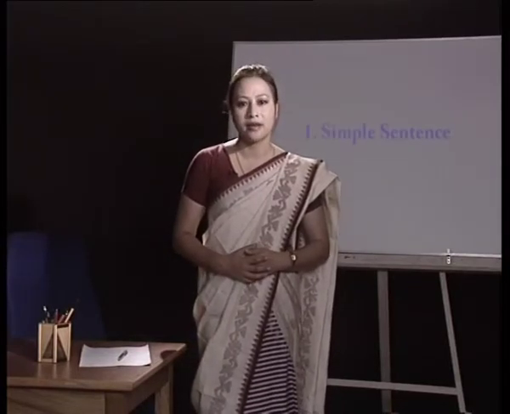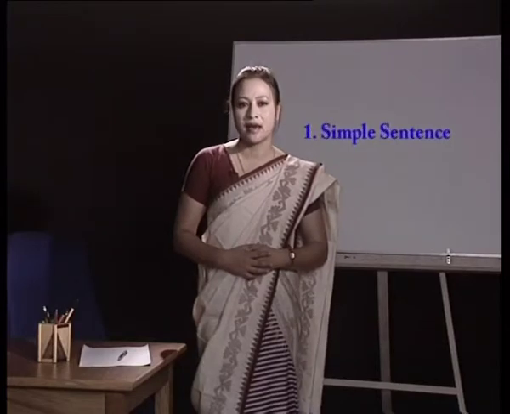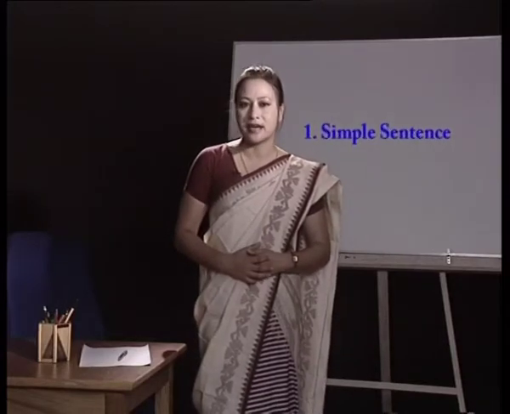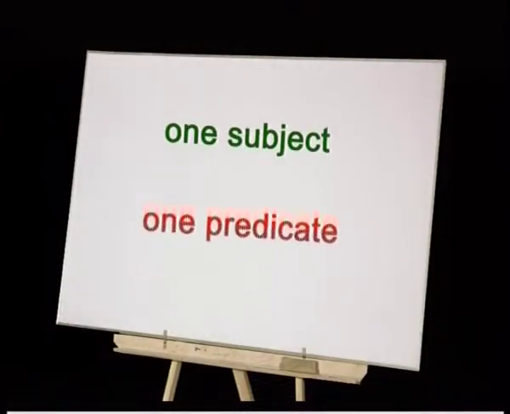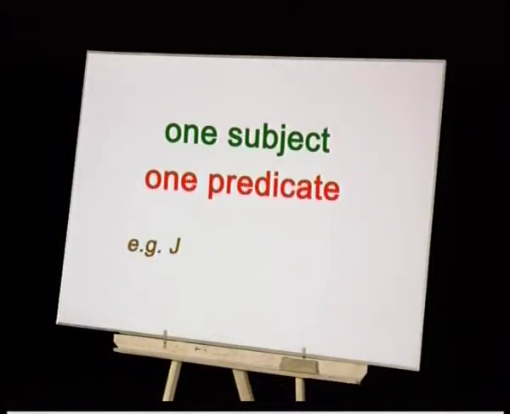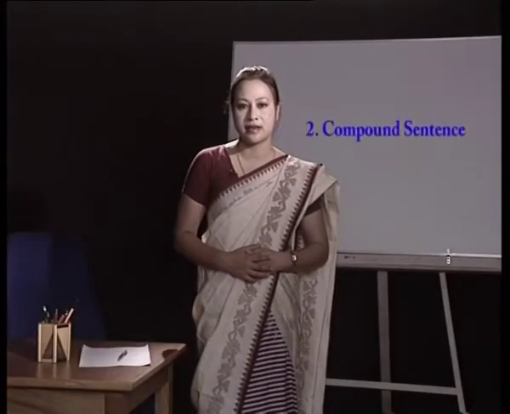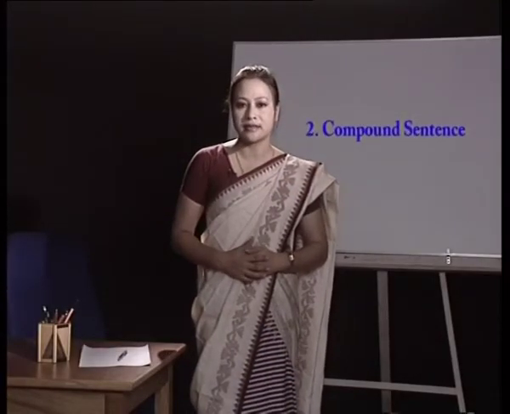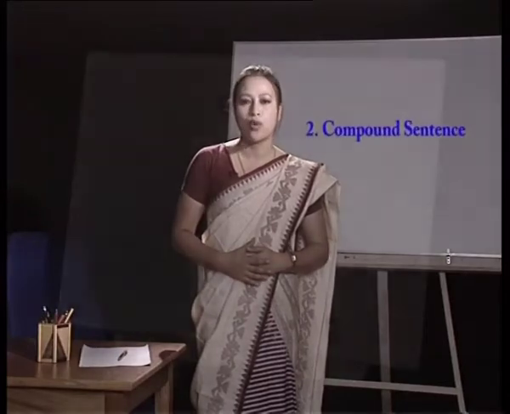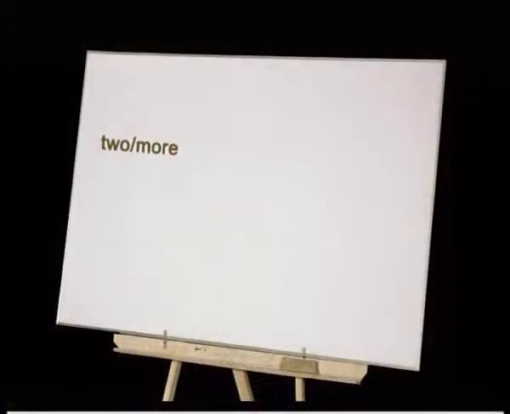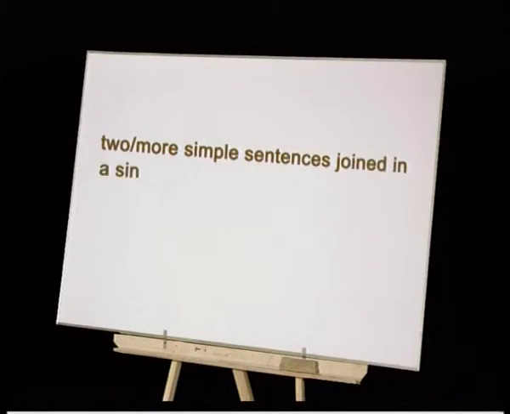Number 1, simple sentence. A simple sentence contains at least one subject and one predicate. As an example, John read Macbeth. Second is a compound sentence. A compound sentence is a sentence which has two or more simple sentences joined in a single sentence.